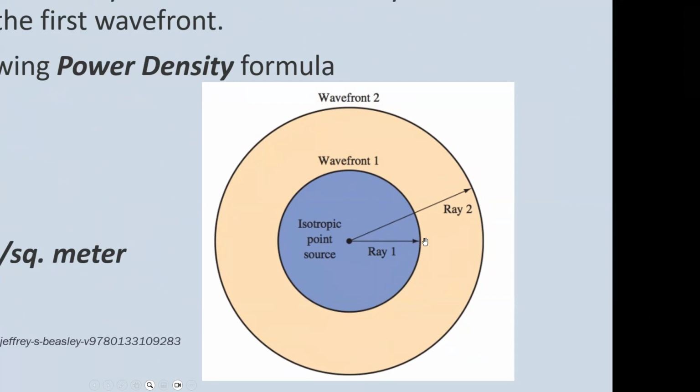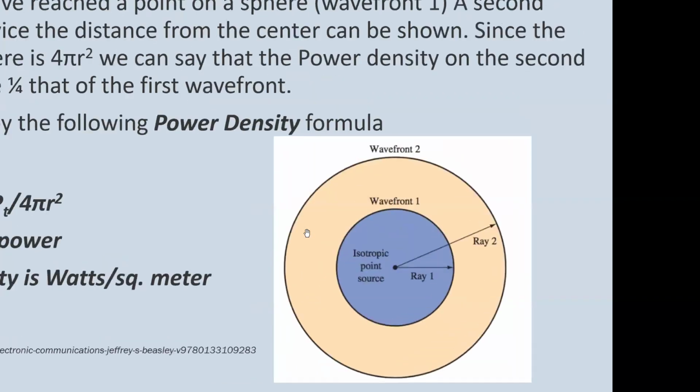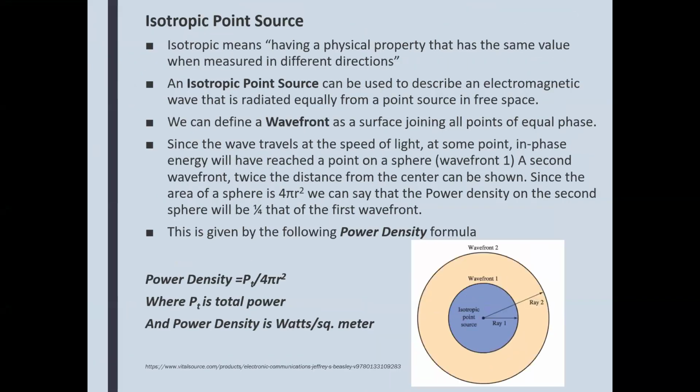And when it reaches this point here, it's going to be at a certain point of its phase. And when it reaches another point at the same distance, it's going to have the same phase, all right? And so on. So this would be the wave front. The wave front would travel outwards.